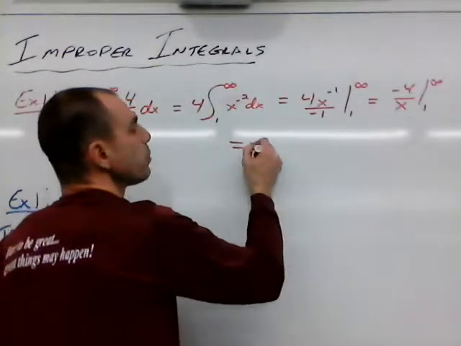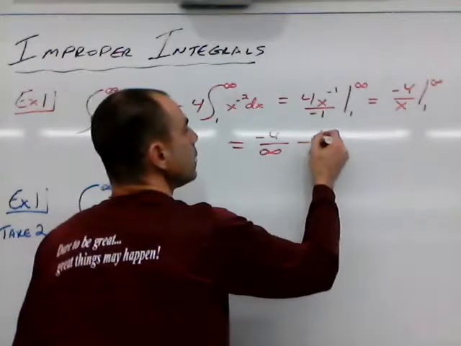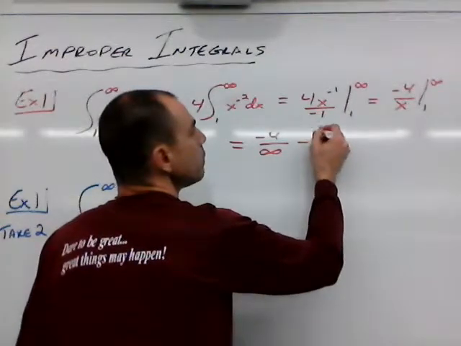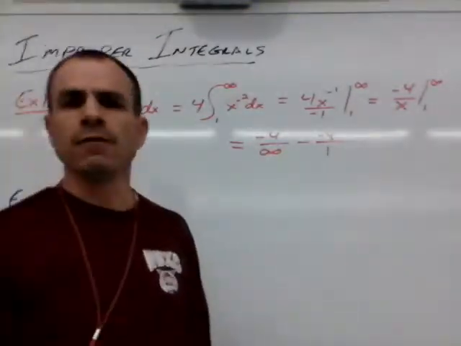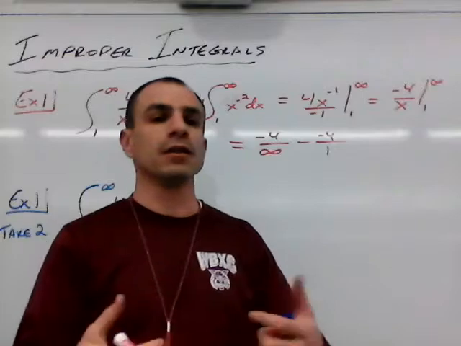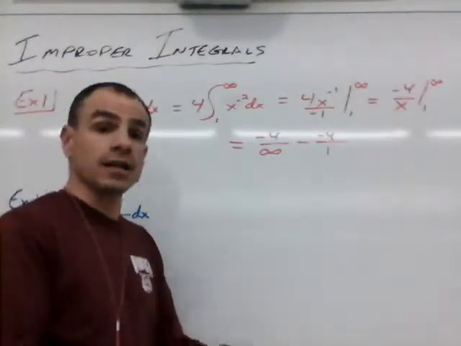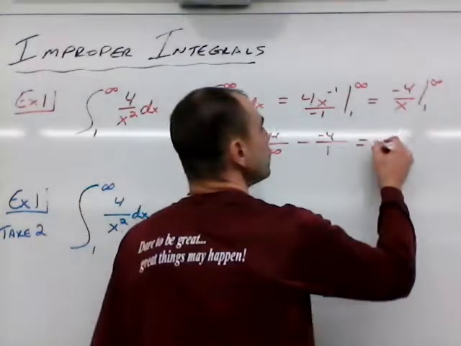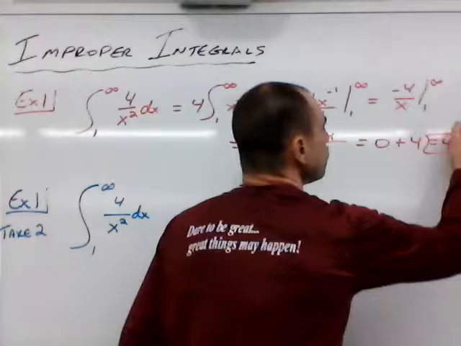Now we plug in the infinity, so we have negative 4 over infinity minus negative 4 over 1. Negative 4 divided by infinity is going to be 0, because any time you divide by a large number, you get 0. So this is equal to 0 plus 4 because of the double negative, and the final answer must be 4.